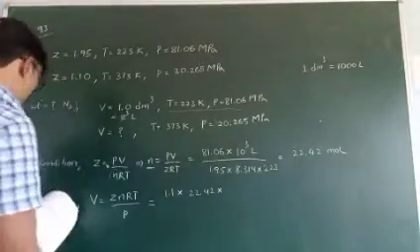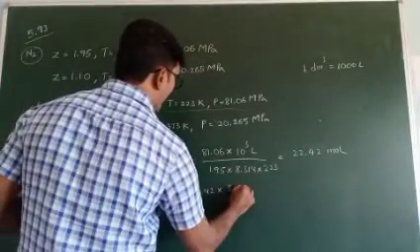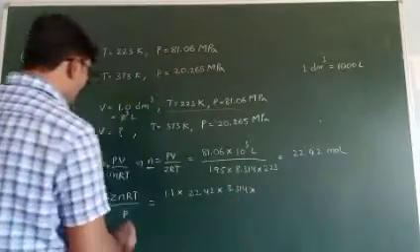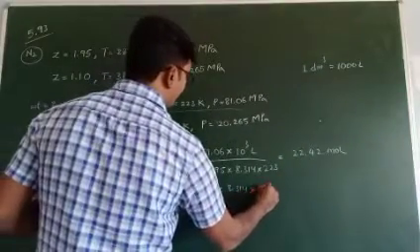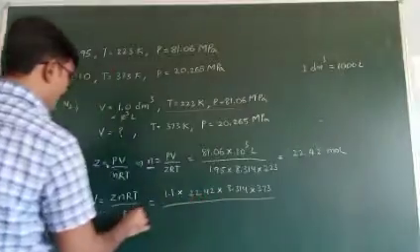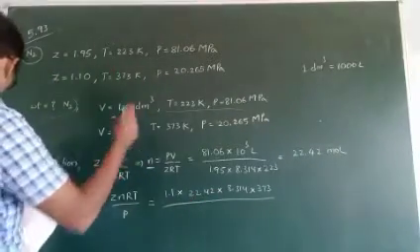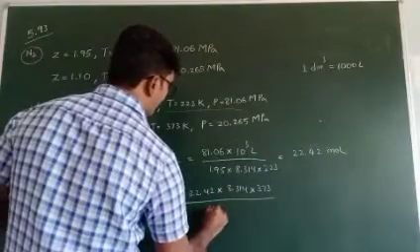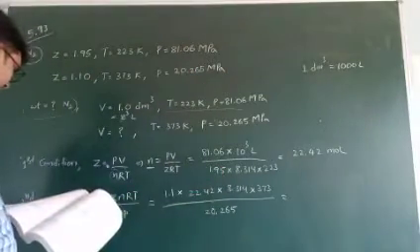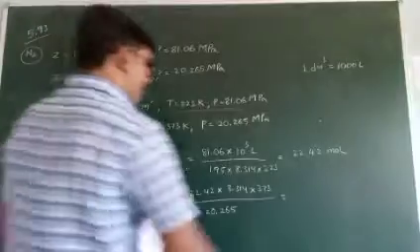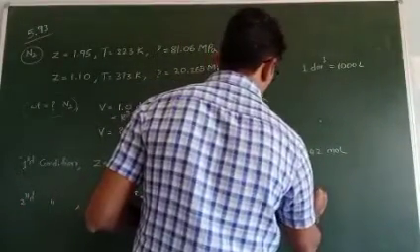What is the R value? 8.314 into, what is the T value in second condition? 373 by, what is the P value? 20.265. After calculating this one, we got 3774.